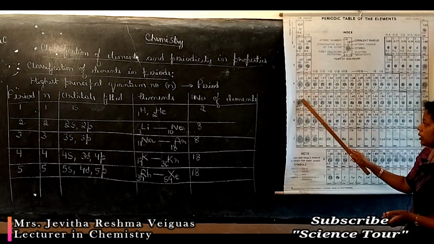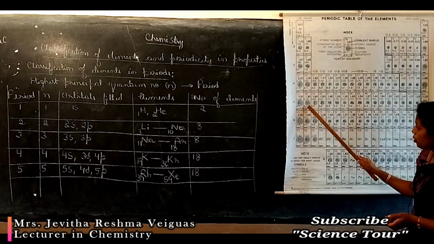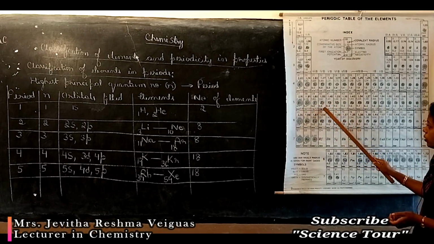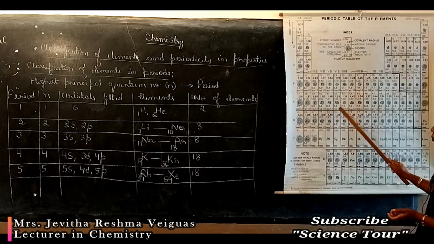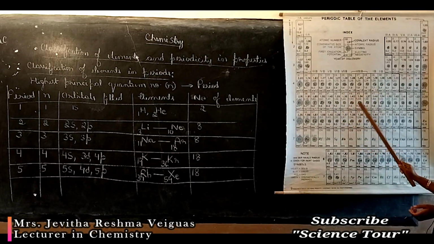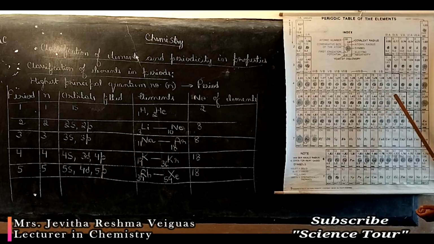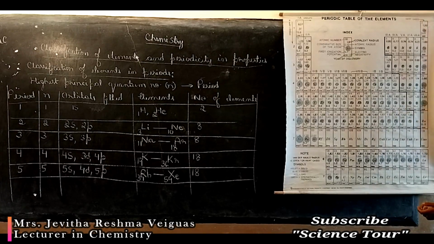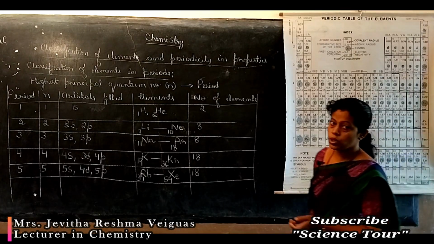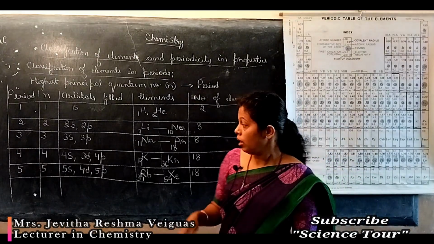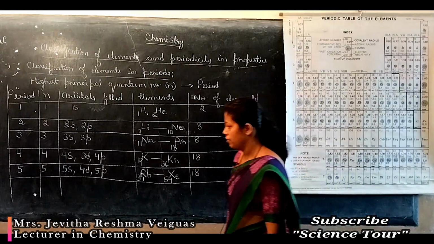Rubidium with atomic number 37, after which strontium, yttrium, zirconium, niobium, molybdenum, technetium, ruthenium, rhodium, palladium, silver, cadmium, indium, tin, antimony, tellurium, iodine, xenon. 18 elements are possible in the period 5.